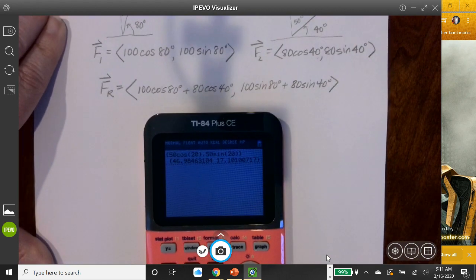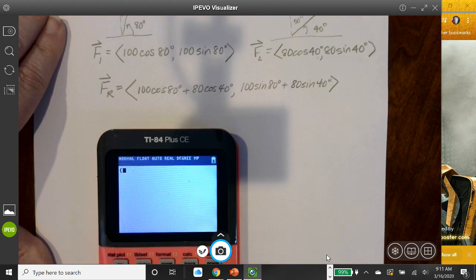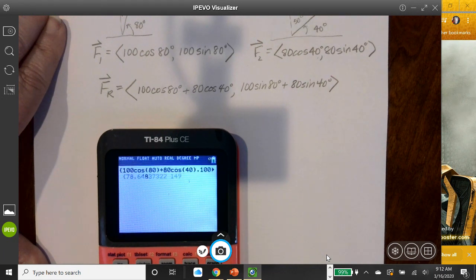So let's see. Second curly brace, 100 cosine 80 degrees plus 80 cosine of 40, comma, 100 sine of 80 degrees plus 80 sine of 40 degrees. I got too many 80s going on here. It's driving me crazy here.